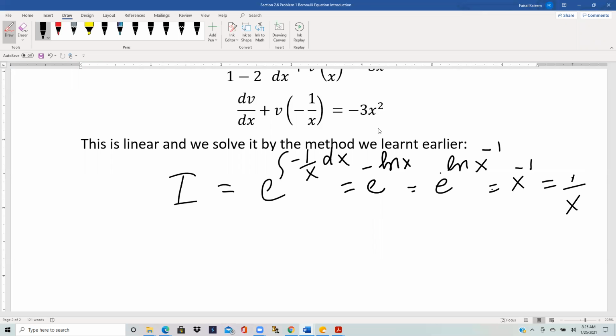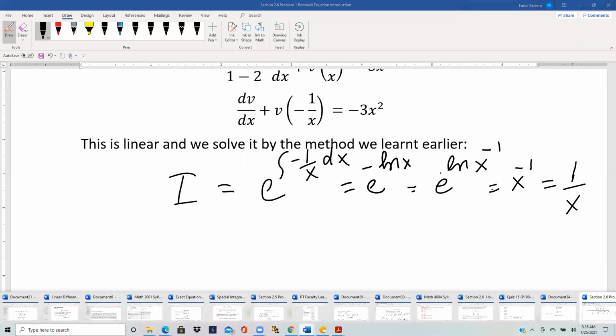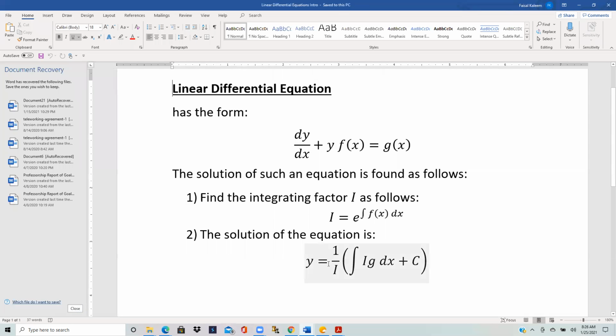So after you find the integrating factor, let's recall what the next step was. Then the solution is y is equal to 1 over the integrating factor times the integral of the integrating factor times g, plus c.